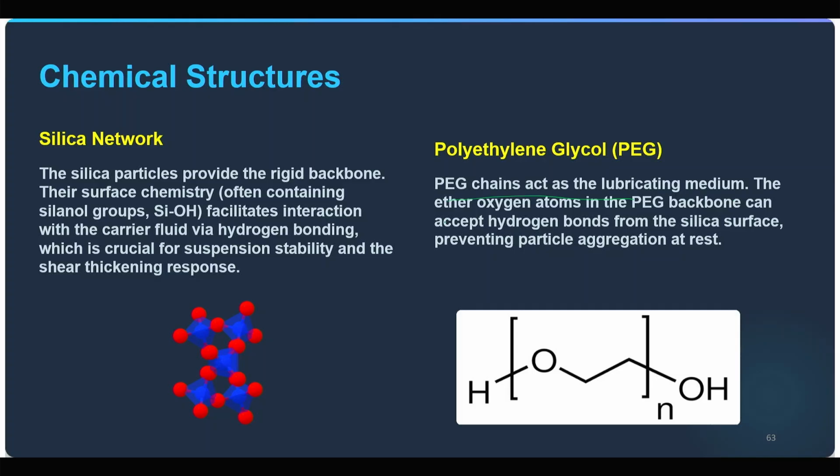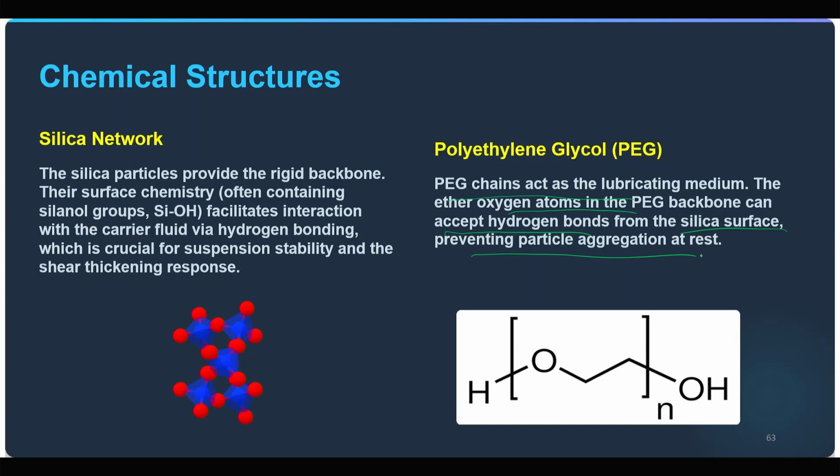The ether oxygen atoms in the polyethylene glycol backbone can accept the hydrogen bond from the silica nanoparticle, preventing the particle agglomeration at rest.